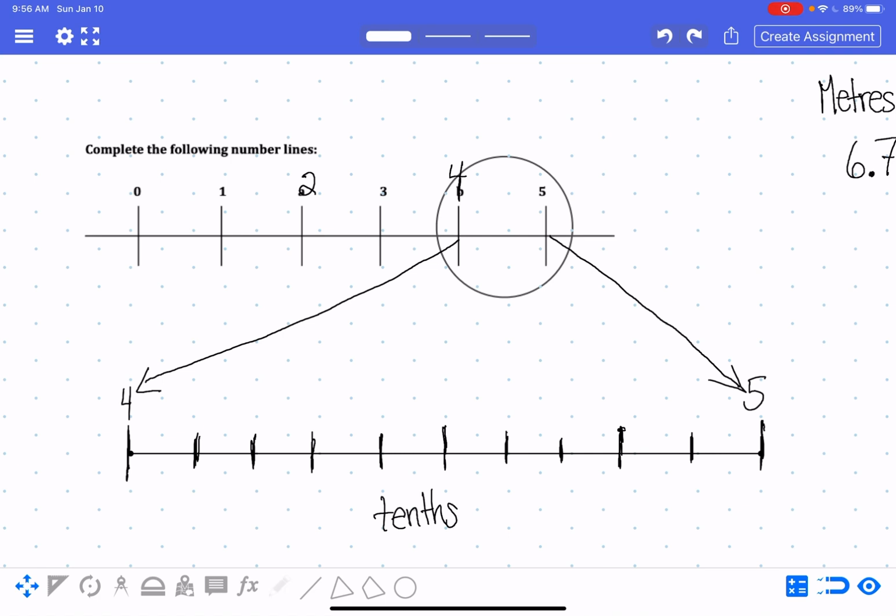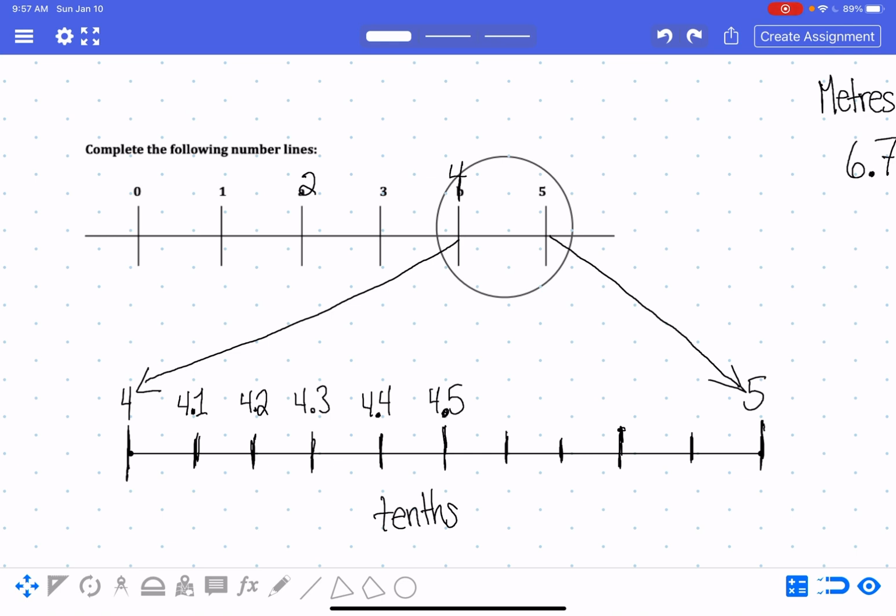Okay, and so this number here would be 4.1. This number here would be 4.2. This number here would be 4.3. So we're counting up by tenths. This number here would be 4.4. This number here would be 4.5.